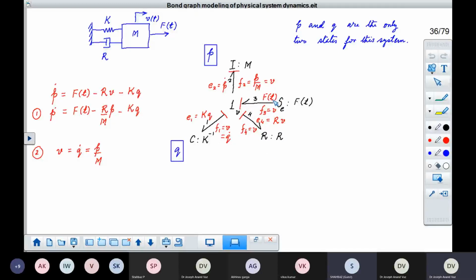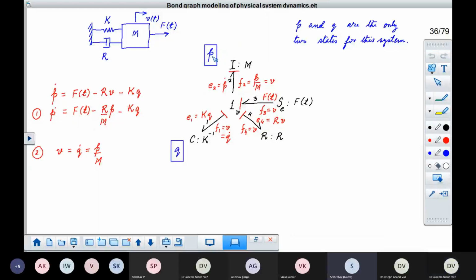So here you have the force F of t and you have the velocity of the mass. Now what is this velocity? We'll come to that shortly. So we have got the effort and the flow represented here. Then if you look at this bond connected to the I element, it has an effort and a flow. The effort is the rate of change of momentum, P2 equal to P dot.